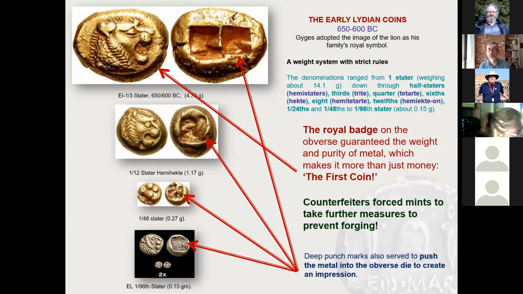They didn't come up with this idea on their own. The Lydian king didn't come up with this. Maybe they came up with the idea of putting his symbol on the obverse, but there was something behind that that forced them to come up with this idea. And it was the forgers.